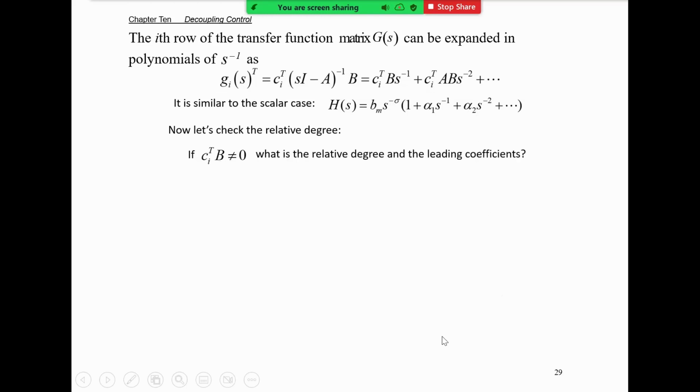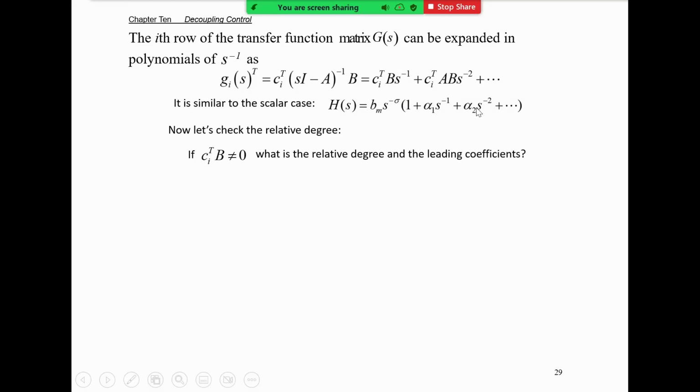If we look at the leading coefficient here, of course this is a vector, but say it is not 0, which means the coefficient for the term S to the minus 1 is not 0.